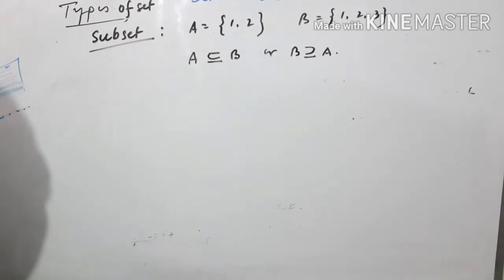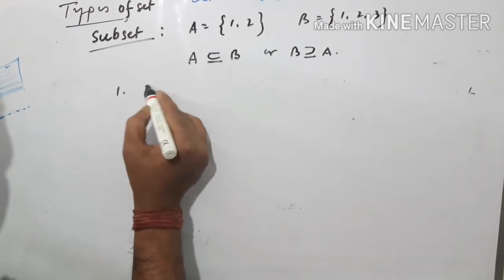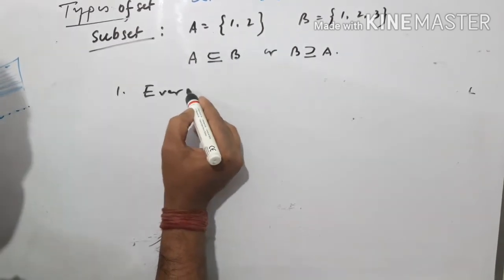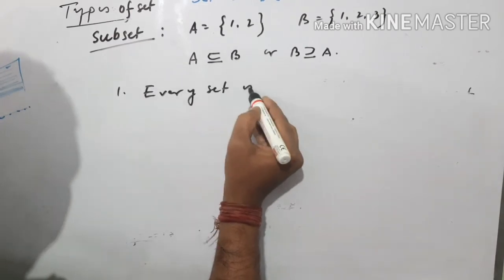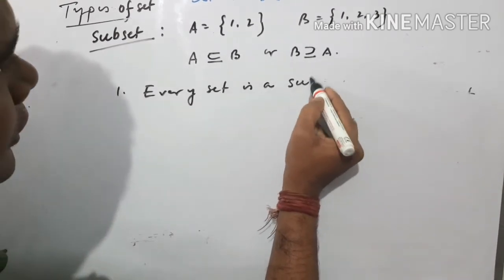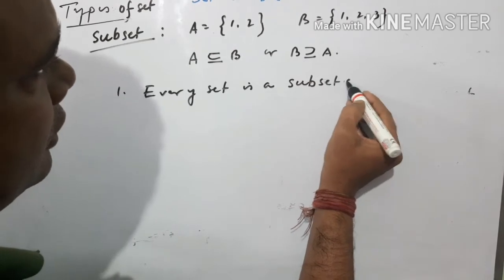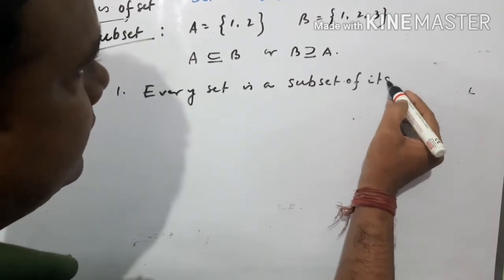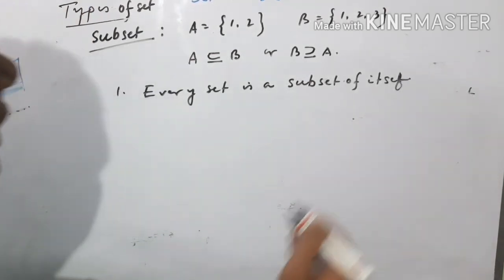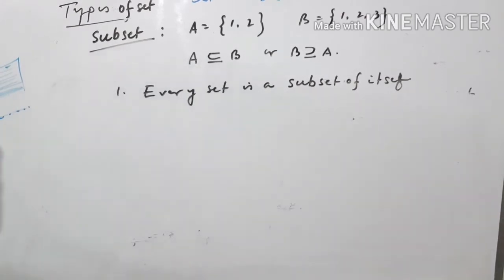Now there are some important theorems based on the definition of subset. Now see that number 1, every set is a subset of itself. Clear? Every set is a subset of itself.